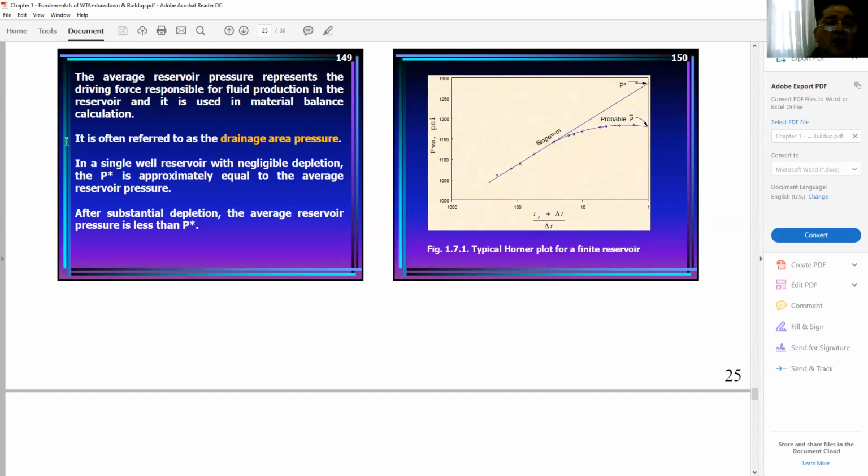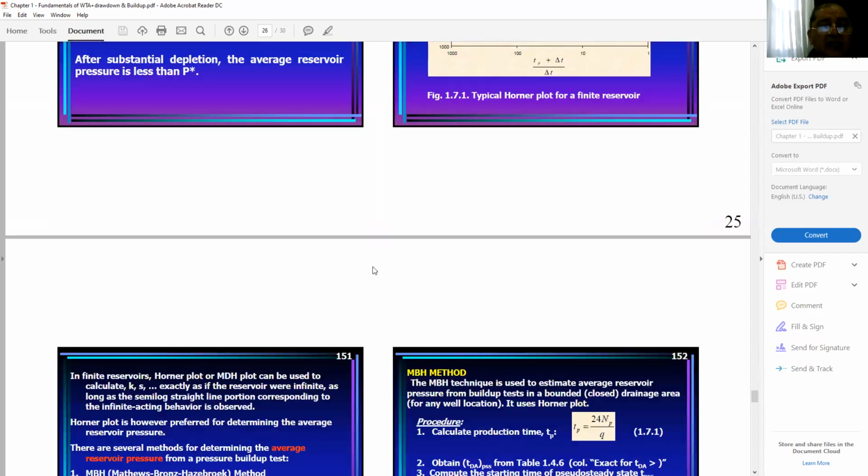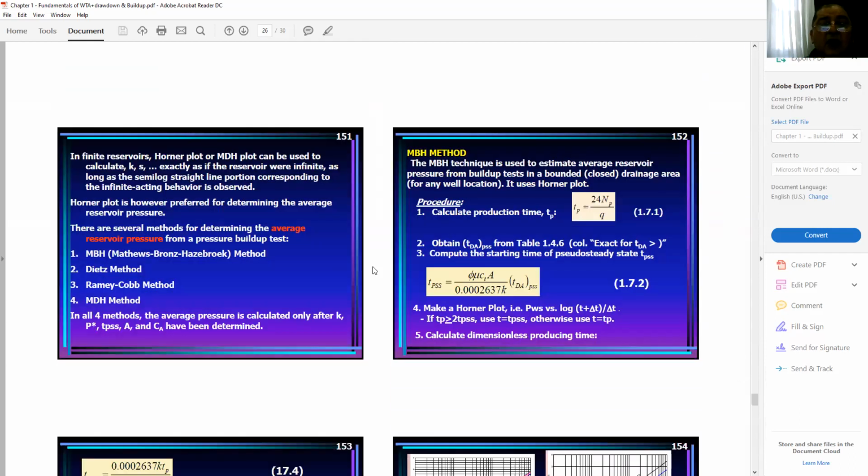Now, what are the techniques that could be used for calculating average reservoir pressure? The first one is called MBH, Matthews-Brons-Hazebroek. This is the first one. The second one is the Dietz method.